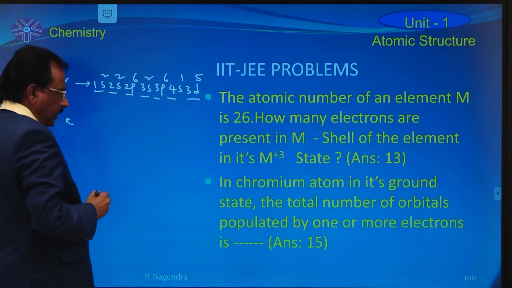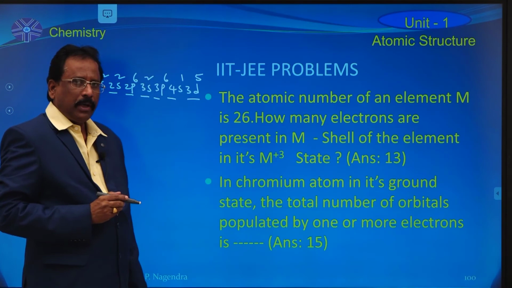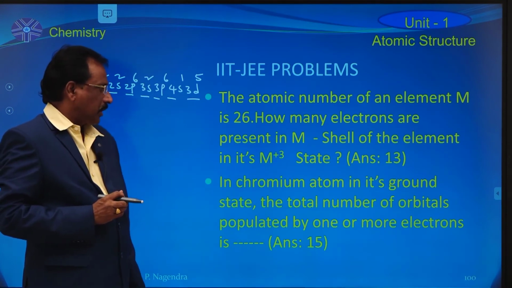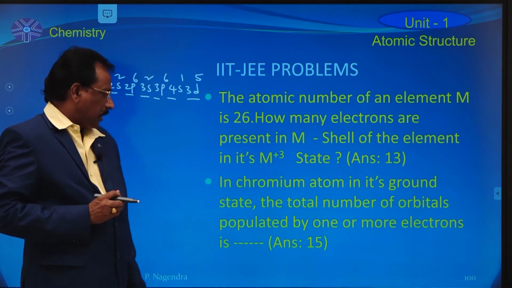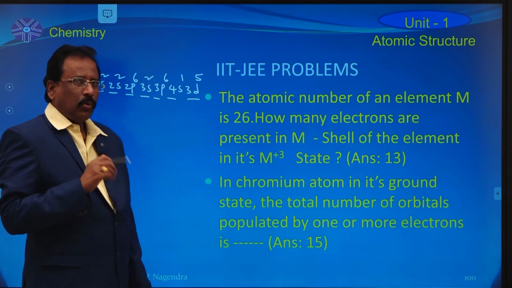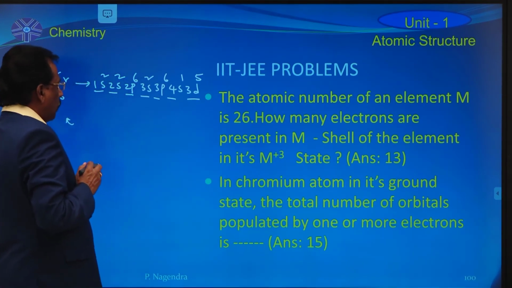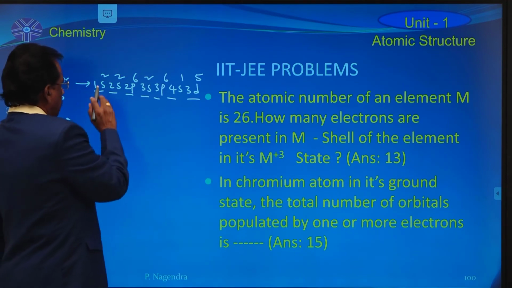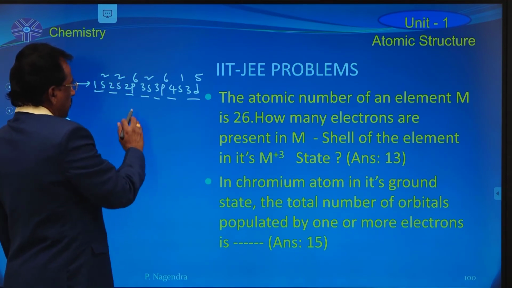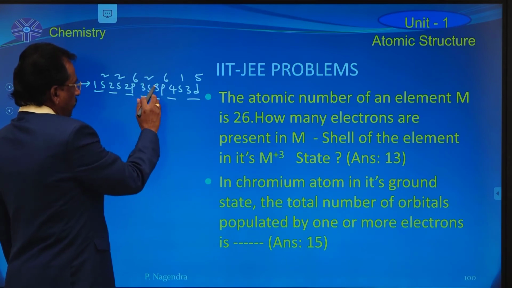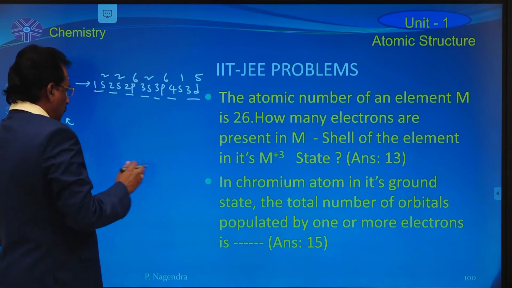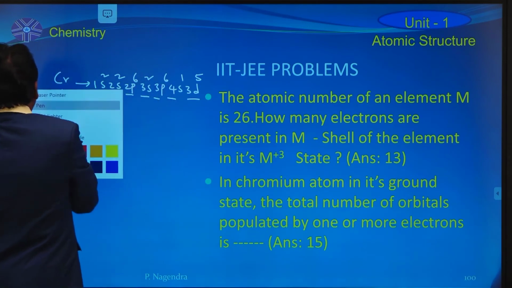That's why in chromium's abnormal electronic configuration, the total number of orbitals populated by one or more electrons is equal to 15. 1 plus 1 plus 3 plus 1 plus 3 plus 1 plus 5. So that is the answer for that question.